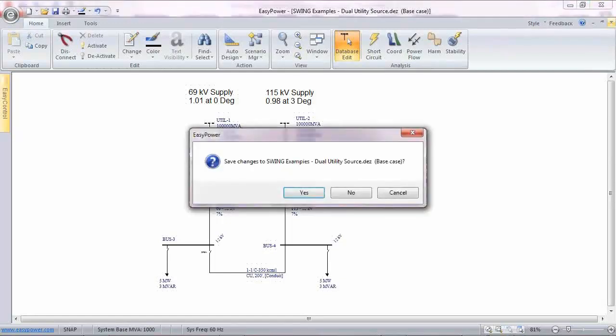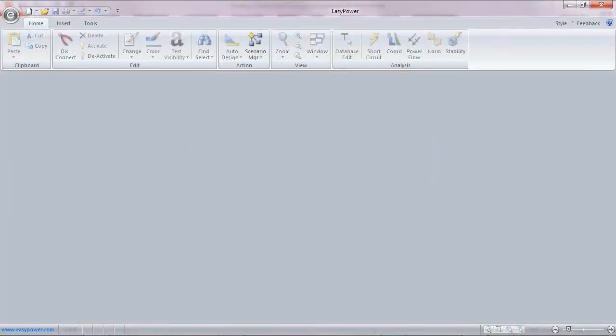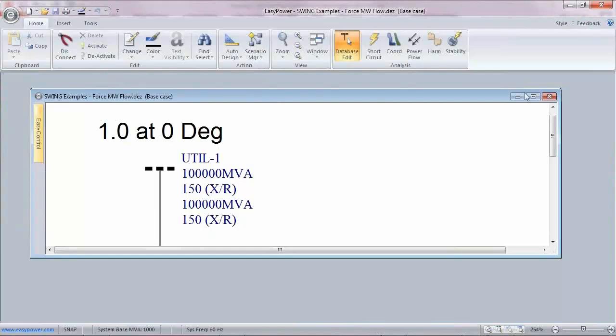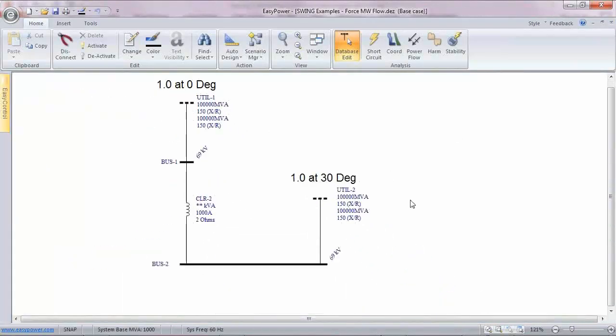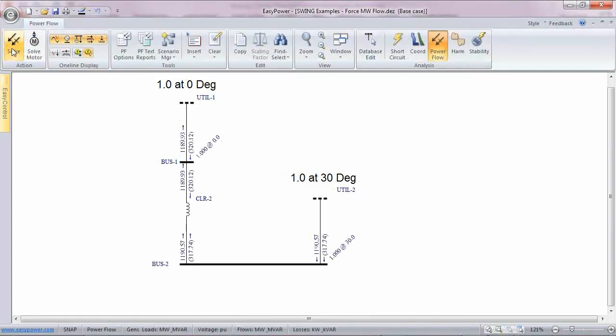Okay, one last quick one, and that will be forcing a megawatt flow. You can try this yourself, and basically, if I have one source, another source, and I put a large degree here of angle difference, and I solve, you will notice that you'll get an extreme flow of watts through here. So you can enforce a watt flow if you want, just by using two different sources.